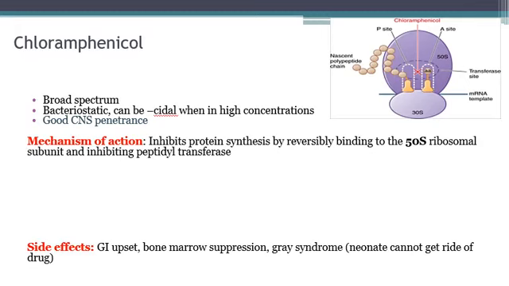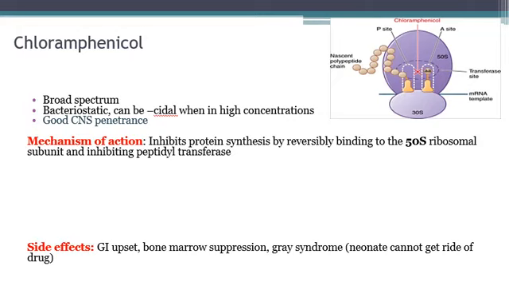It inhibits protein synthesis by going after the 50S ribosomal subunit. The main side effects include GI upset, as well as bone marrow suppression. This is why it behaves like cancer chemotherapy for oncology, because it produces bone marrow suppression. There is possibly some off-target binding outside of the bacterial subunits, and possibly some binding to the mammalian subunits of the ribosome as well.